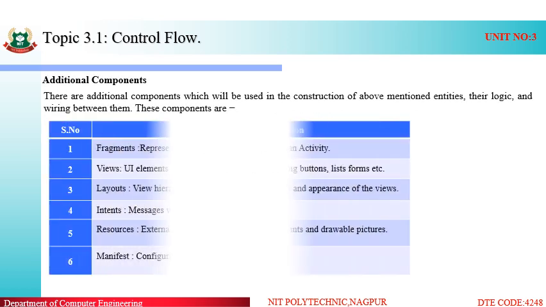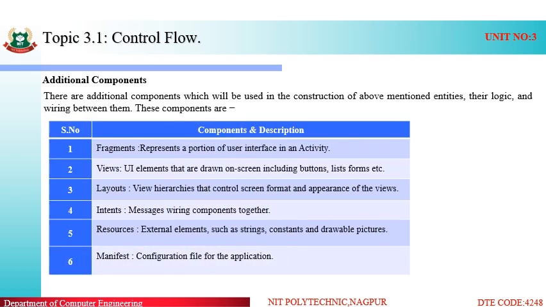Additional components: we may use these different additional components inside our application. We are going to study this in future videos. The additional components are fragments, views, layouts, intents, resources, and manifests. Fragments represent a portion of the user interface in an activity.